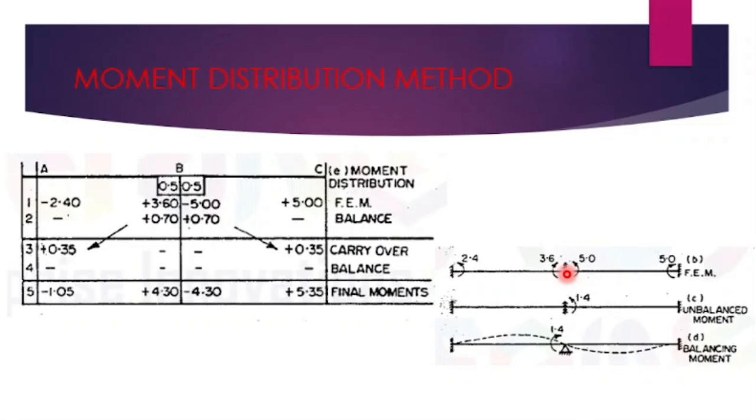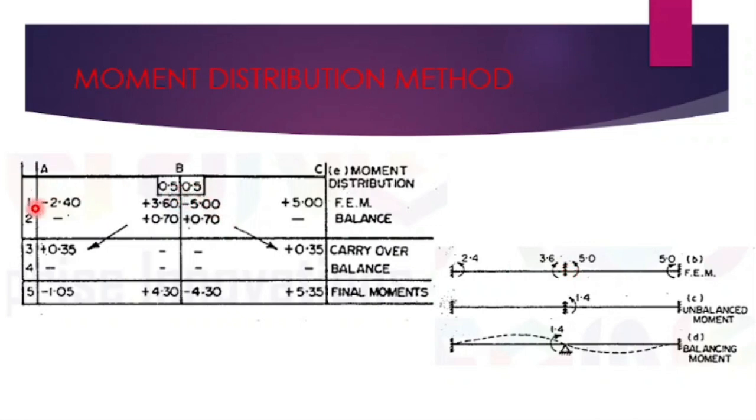If you are running a cooperative society, you will have a secretary, joint secretary, treasurer, everyone will be there. Then the powers have to be distributed. Yes or no? If you have multiple persons, the powers will be distributed. Like that, if a single member is there, there will be no distribution. If more than one member is there, you will have a distribution factor.